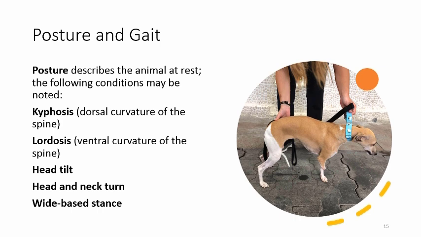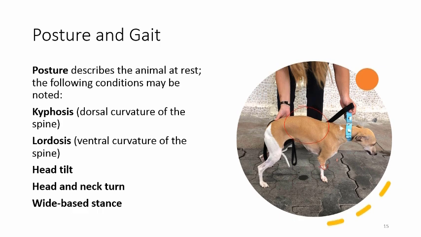But I notice that he looks like this dog here, where he has a dorsal curvature of the spine. And so this, of course, is kyphosis. This dog, as you can see, is missing a limb here, but this was a very good example of kyphosis, which is going to be the dorsal curvature of the spine. Now, lordosis would be the opposite, would be ventral curvature of the spine.